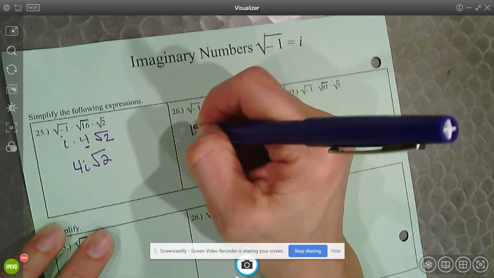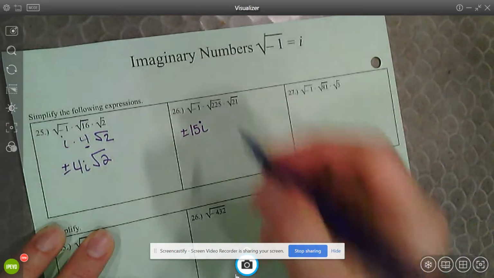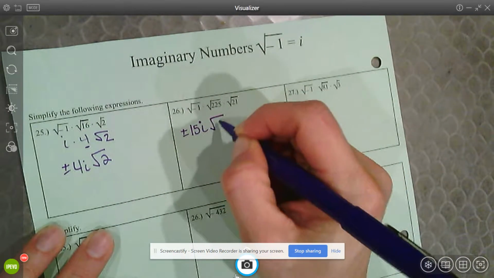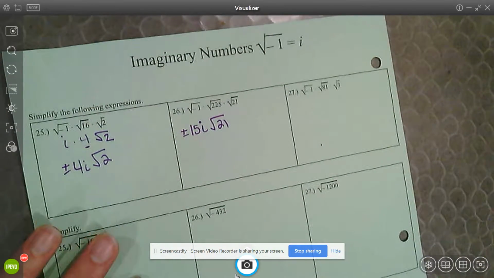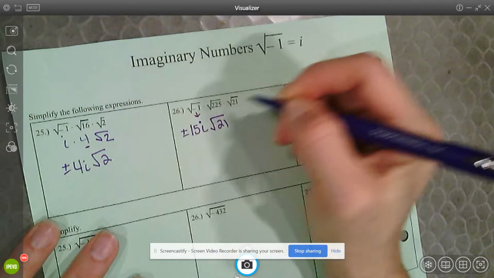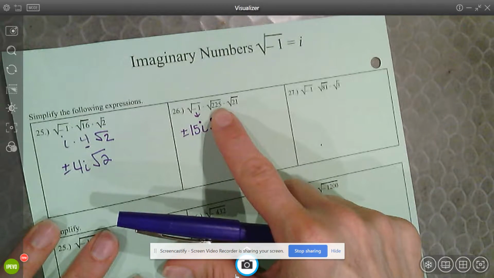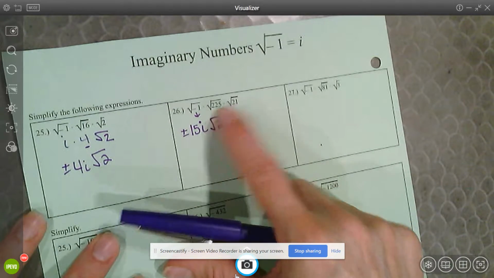So I'm going to put that in the front. I forgot my plus and minus there. And then that 21 is going to stay in the radical. It's not a perfect square. It needs to stay in there. So again, the i came from the -1, and the plus minus 15 is the square root of 225.